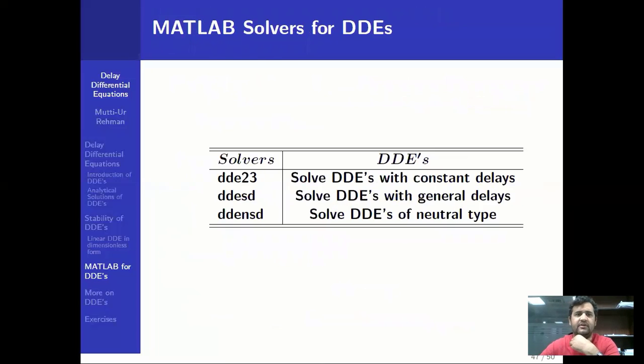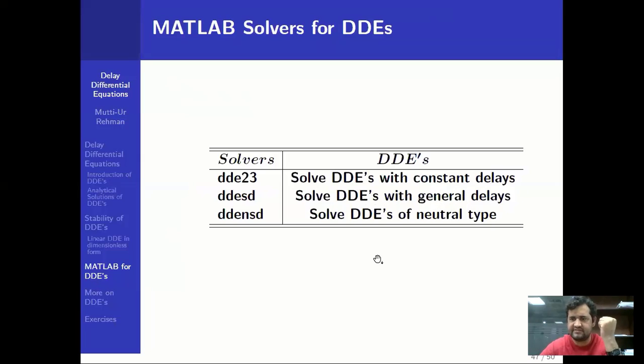Okay. So next, I will give you some stuff about method solvers in order to solve delay differential equations. We can have delay differential equations with constant delays, or delay differential equations with general delays.